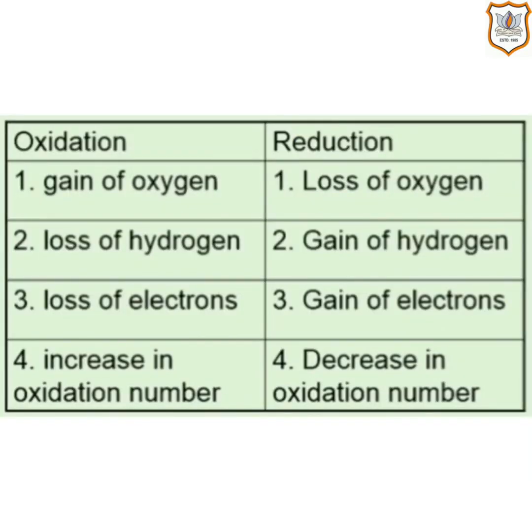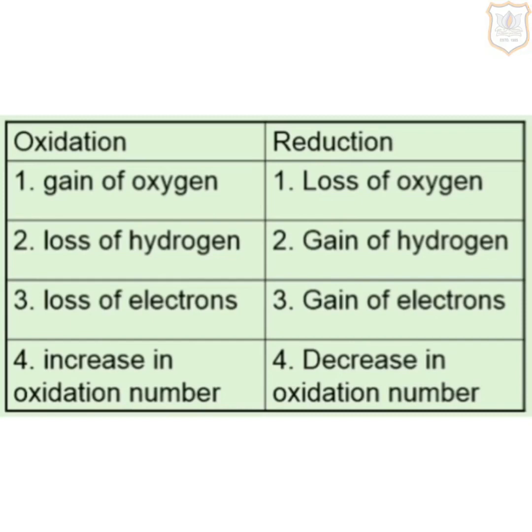Here in this table we can see different types of definitions for oxidation and reduction reactions. Oxidation is defined as addition of oxygen and reduction is defined as loss of oxygen. And also we can define oxidation as removal of hydrogen, and reduction as gain of hydrogen.